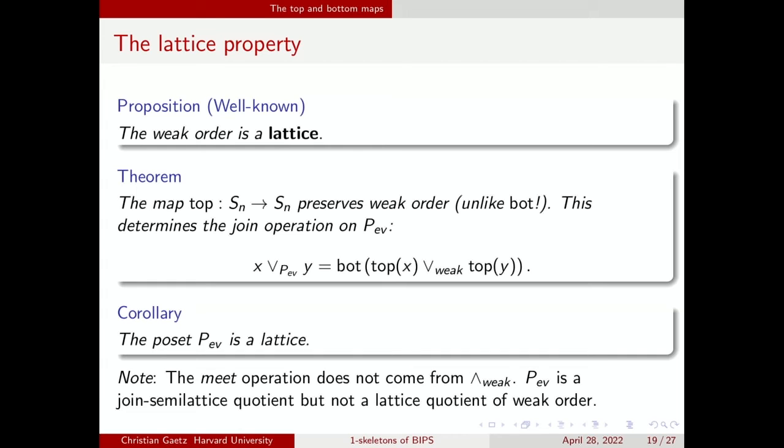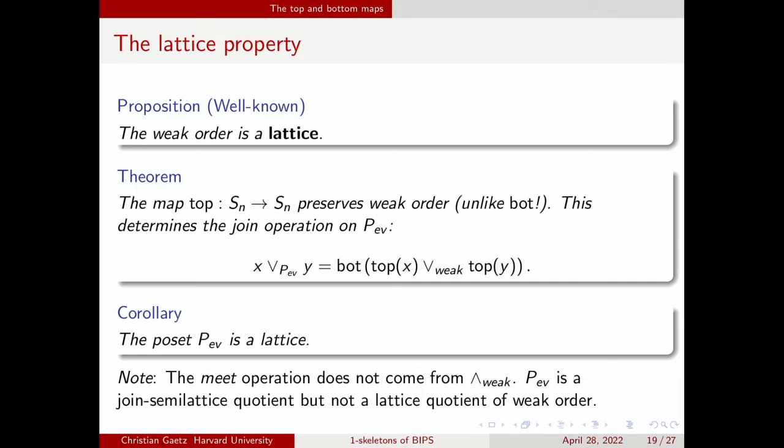These no longer live in my Bruhat interval, but they live in the weak order overall. I can take the join there, because we already know the weak order is a lattice, and then I can take the bottom map and push it back into our Bruhat interval, and the claim is that that defines the lattice operation in this case. So even though this is not a lattice quotient, the fact that we have at least this property implies that we get a lattice.